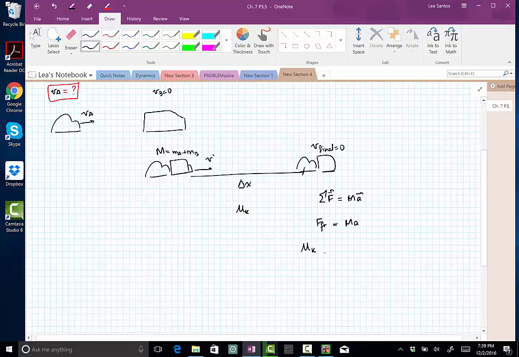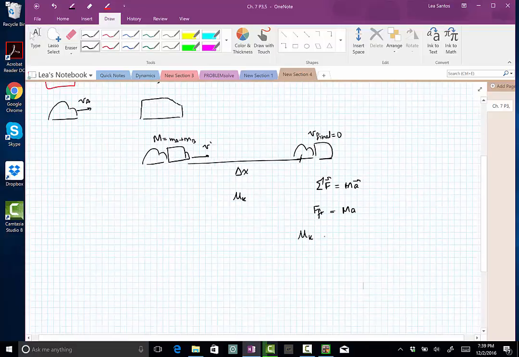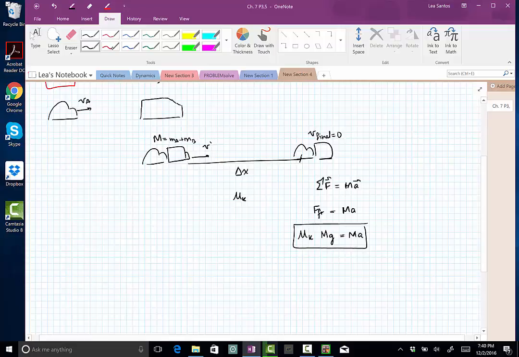The normal force in this case is simple. There are no ramps, no angles involved, no additional forces in the y direction. So the normal force is just mg, where this m is the sum of the masses of both cars. And this is equal then to ma. So from here, we can find the acceleration of this combined object, sports car and SUV.